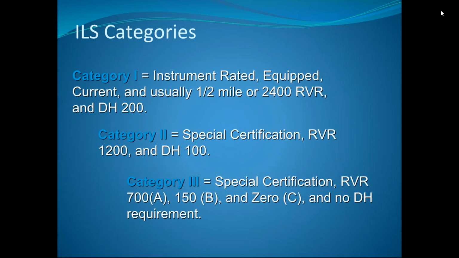Category A is 700 feet, Category B is 150 feet, and Category C, they don't have to see a thing. Even when they're on the runway, they don't have to be able to see the ground for a Category 3C approach. Pretty insane. There are only very special aircraft and very special airports that will allow a Category 3 ILS approach.